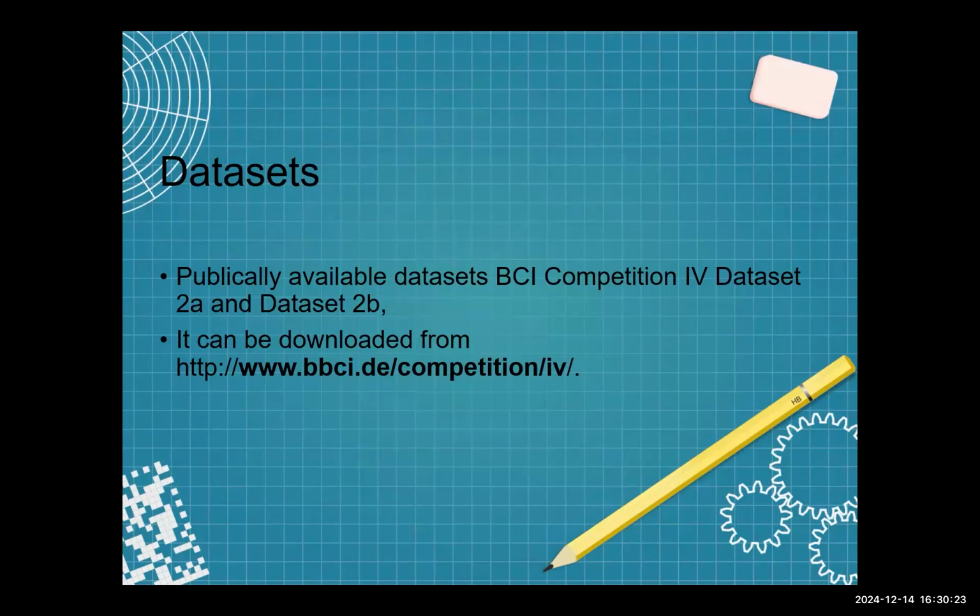For that, the data set that we have taken is from BCI competition 4, dataset 2A and dataset 2B. It can be downloaded from this website. You just check or copy this website: www.bbci.de/competition/4.